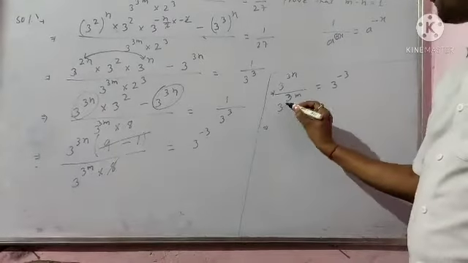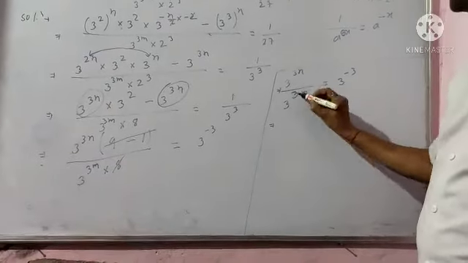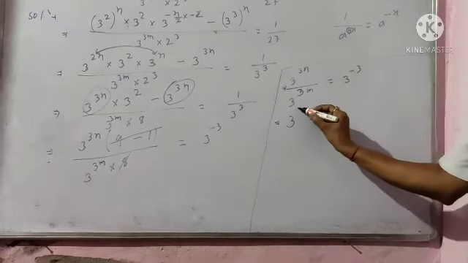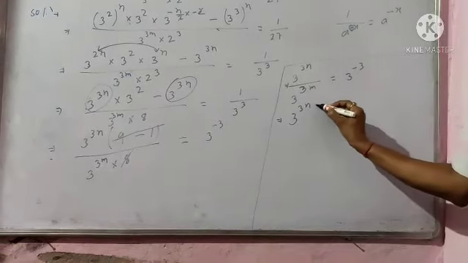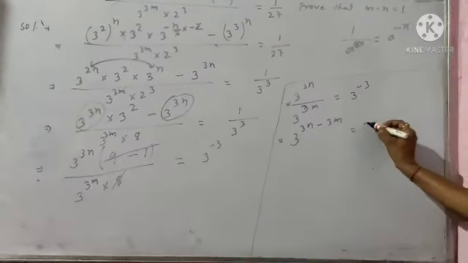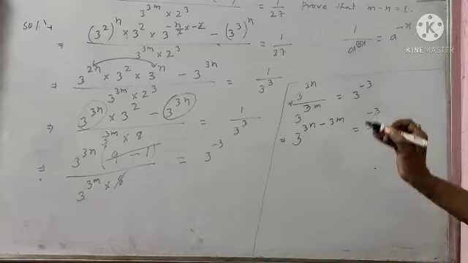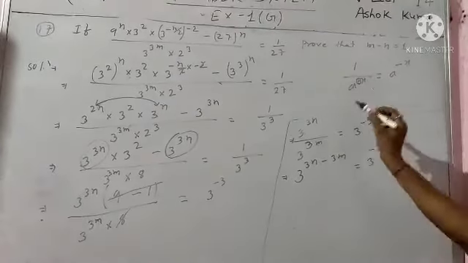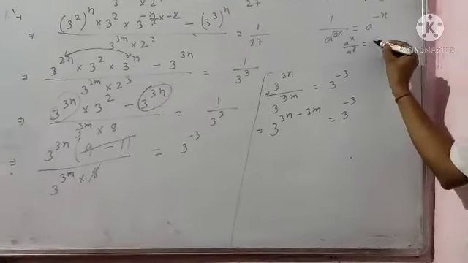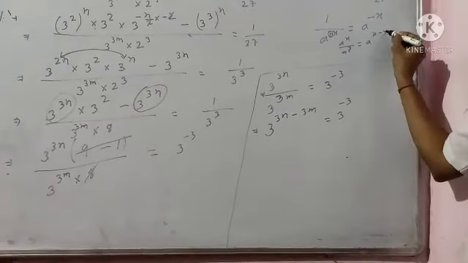Look at here, base is equal, then power is subtracted. So we can write here 3 to the power 3n minus 3m is equal to 3 to the power minus 3. Okay, student, this is the property. We know that a to the power x divided by a to the power y, then we can write here a to the power x minus y.